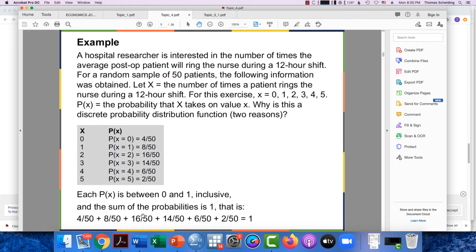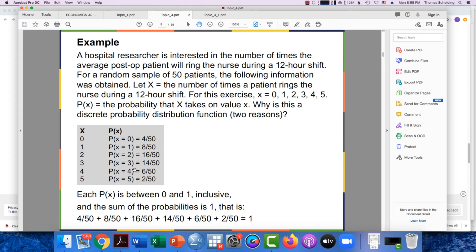Here's another example where, again, we want to provide the two reasons why this is a discrete probabilistic distribution, meaning, again, that the probabilities are distributed across, that all the options presented to us are represented in the probability set. This would be number of times that the person rings the nurse during a 12-hour shift, and that 4 patients did it 0 times, 2 patients did it 5 times, so on and so forth.